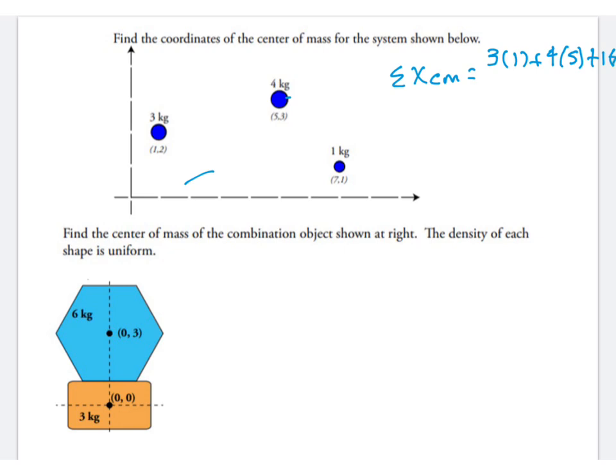All divided by the summation of their masses, 3 plus 4 plus 1.